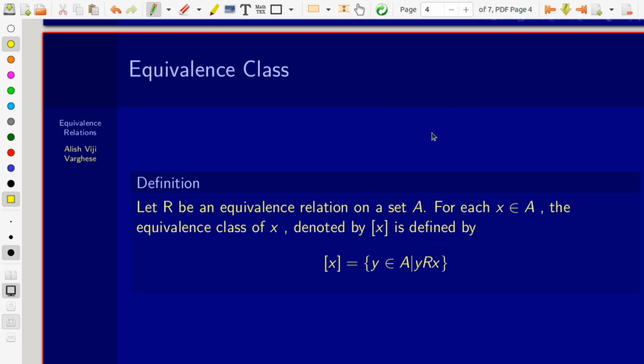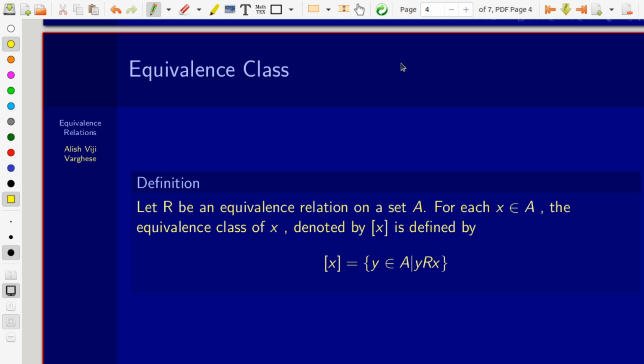Now equivalence classes. If you have an equivalence relation, then we can define the equivalence classes. If x is an element of A, then the equivalence class of x, denoted by [x] in square brackets, is defined as the set of all y belongs to A such that y is related to x.